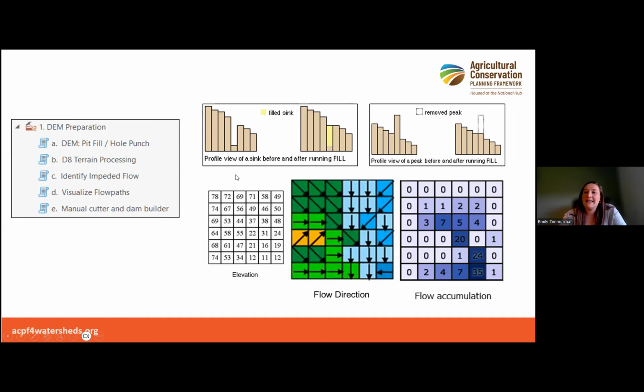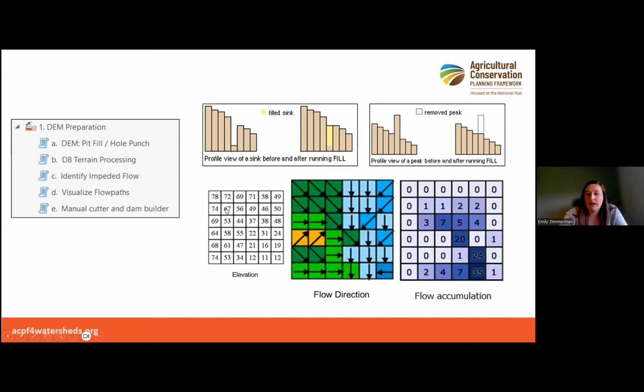Step 2 is to start to think about where water's flowing on the landscape. So here's an elevation grid, just like the one I talked about. Each of these unique values represents the elevation associated with that grid cell. What this means practically is that the grid cell with 78 in it is going to flow from its lower right-hand corner down into grid cell 67.